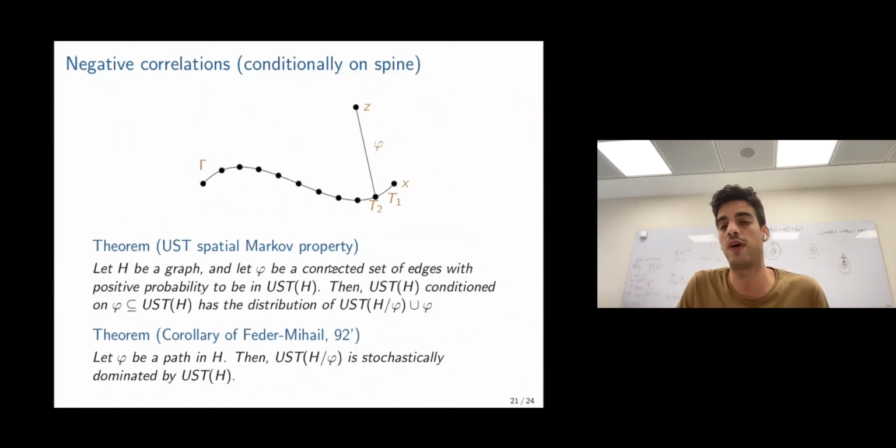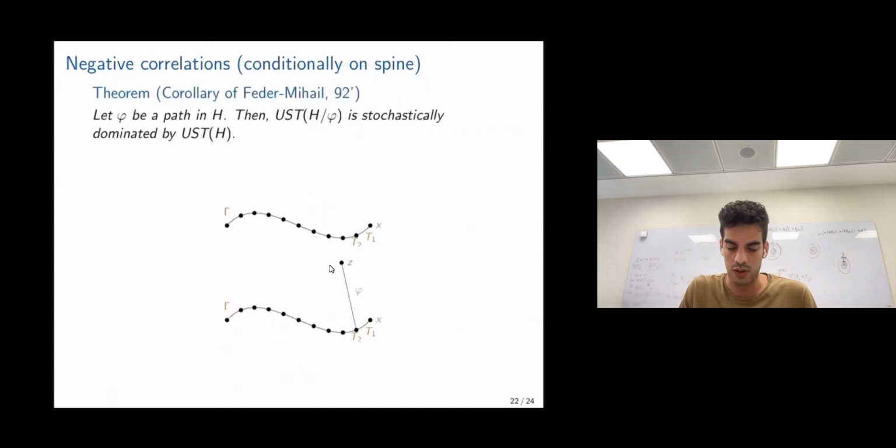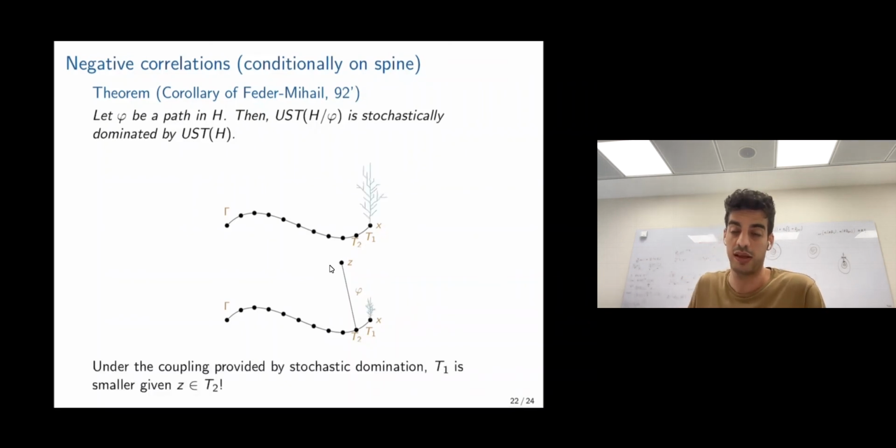It implies that we can find a coupling of the USTs on these two graphs, in which the UST on the upper graph, which is just H, will be larger than the UST of the lower graph, which is H mod phi. And then under this coupling that is guaranteed to exist, we get that T1 will always be larger on the upper graph. And so if we know that it is at least of size k in the lower graph, it's going to be at least of size k in the upper graph.